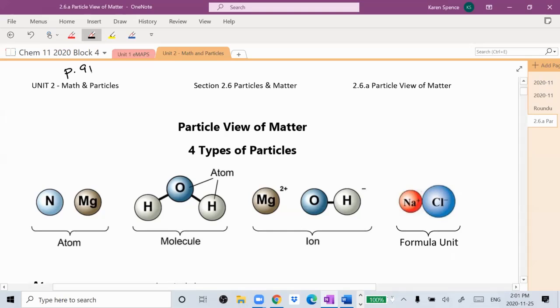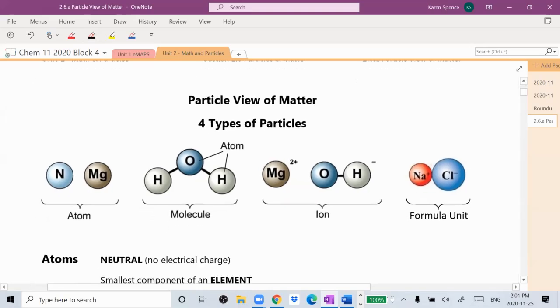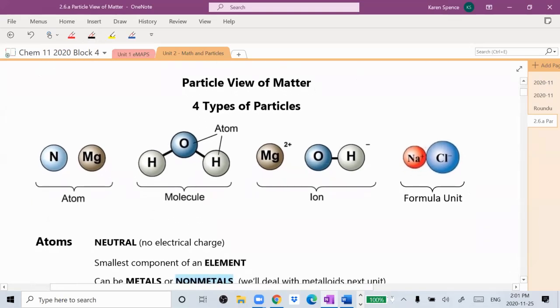There are 4 types of particles. If you have a single element, just one atom of an element, then that is just an atom. It is the smallest piece of matter that still has the characteristics of that element.